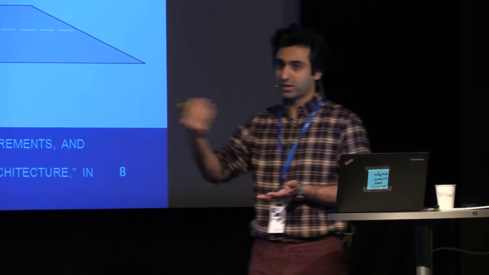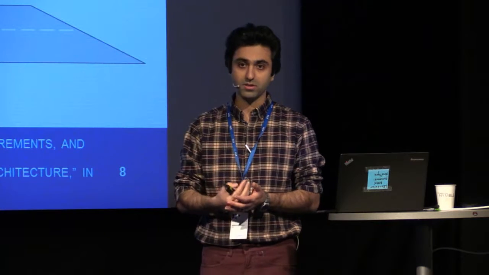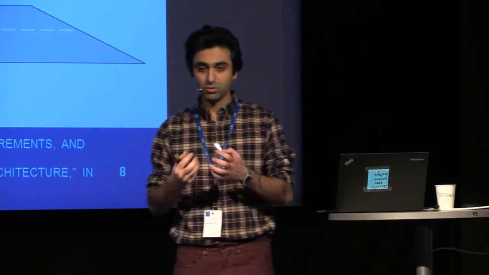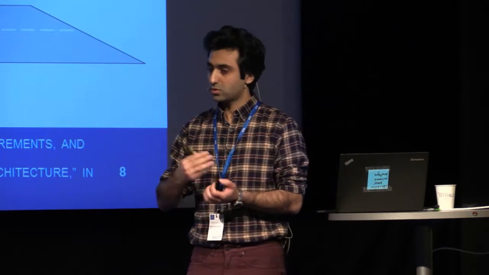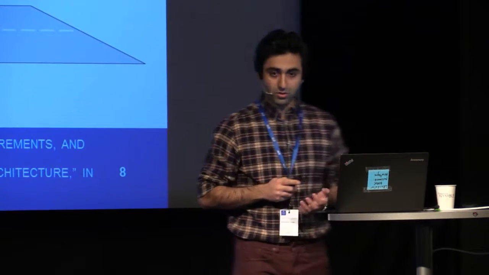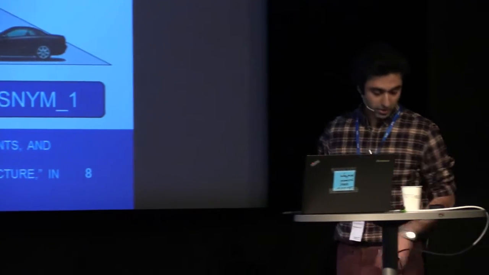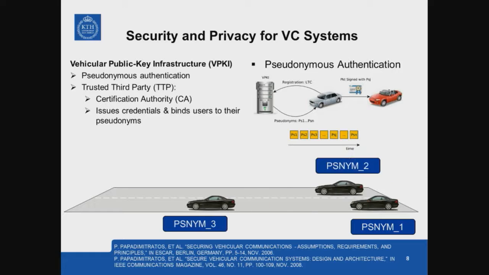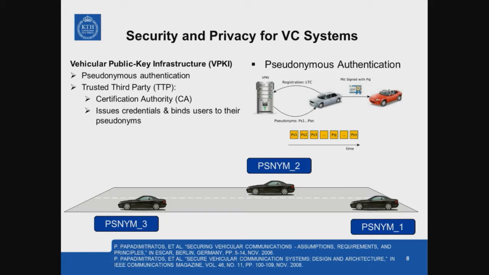Each vehicle interacts with this fully trustworthy CA and receives a bunch of those pseudonyms. The pseudonyms are anonymized, and the vehicle can switch from one to another to protect its privacy. This is how the vehicles look like: the first vehicle comes, it uses its first pseudonym, and it changes its pseudonym one after another, so it's not really linkable that it's the same vehicle.